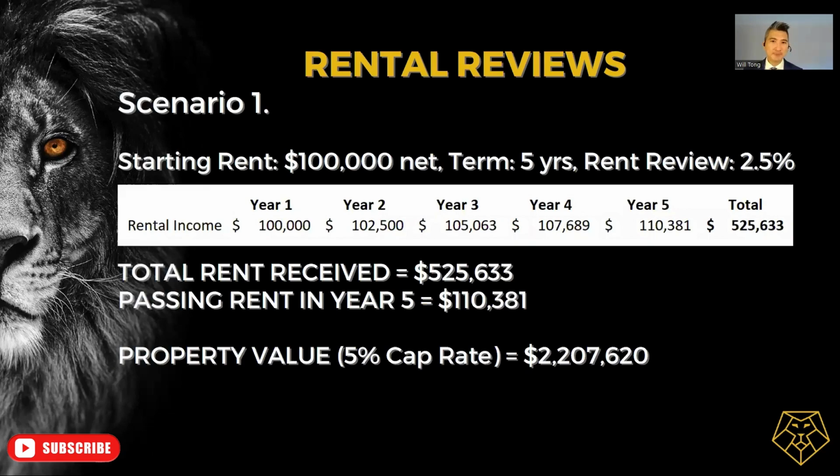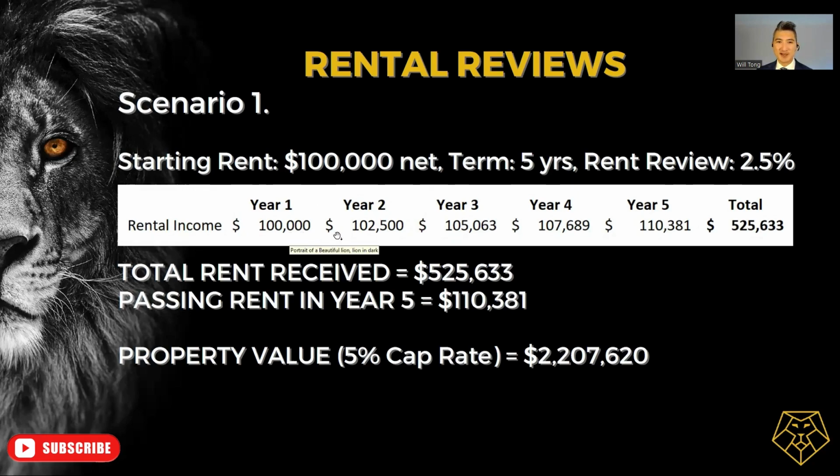Okay, so the first one obviously is the rent reviews. Let me show you two scenarios and demonstrate why rent reviews are so important. So let's say in scenario one, you've negotiated a new lease with a tenant. The starting rent is going to be $100,000 per year. You've agreed to a 5-year lease term with a fixed rent review of 2.5%.